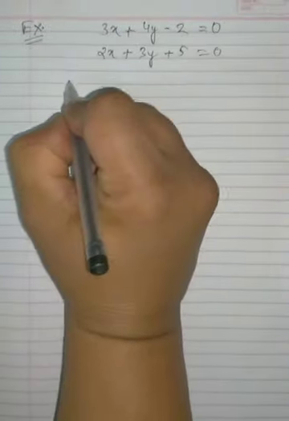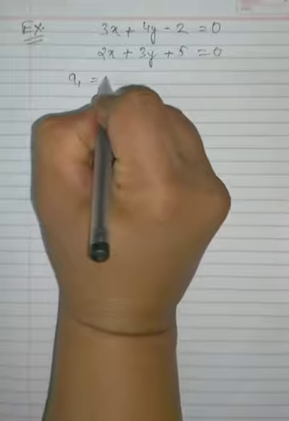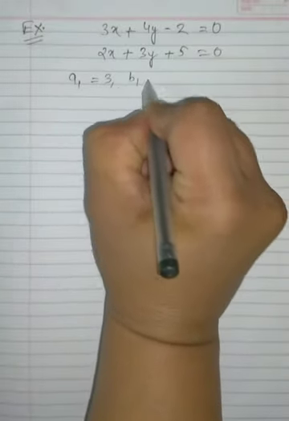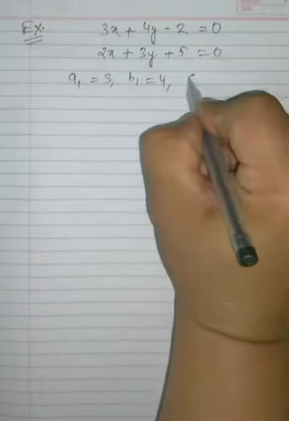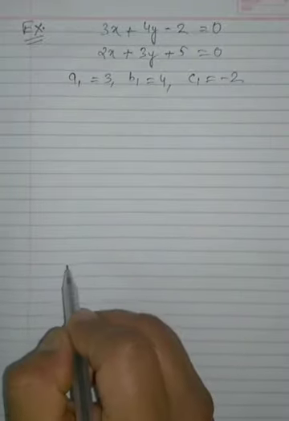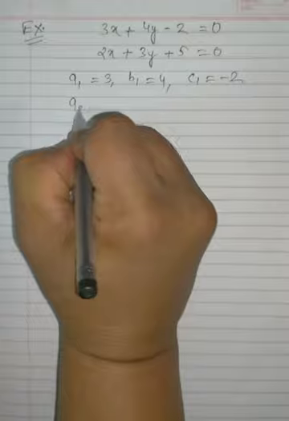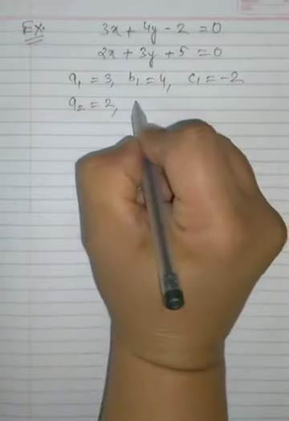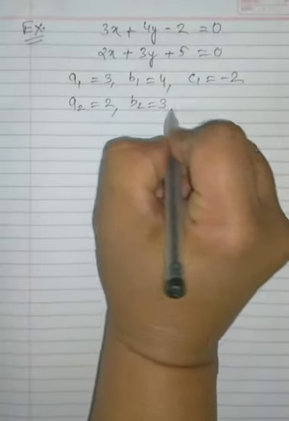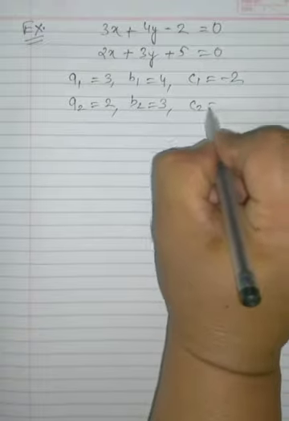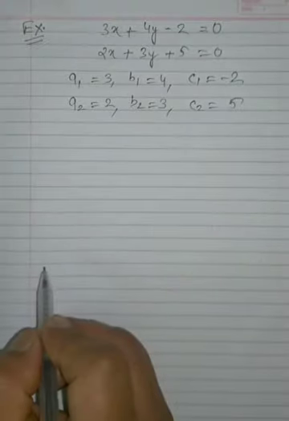You can see here A1 is equal to 3, B1 equal to 4, C1 is equal to minus 2, A2 is equal to 2, B2 is equal to 3, C2 is equal to 5.